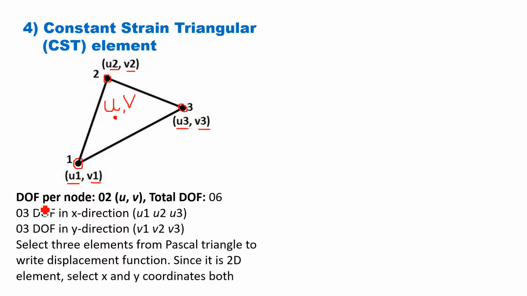That's why if you look here, degrees of freedom per node are 2. Total degrees of freedom are 6. Out of this 6, 3 DOF are in x direction and 3 DOF are in y direction. So these 3 DOF in x direction are used to represent the displacement u, and these 3 in y direction are used to represent the displacement v. Right? So we have to write down displacement function for u separately and v separately in 2D elements.